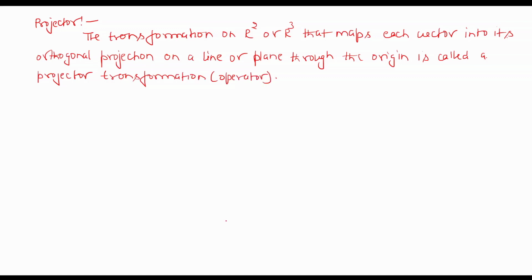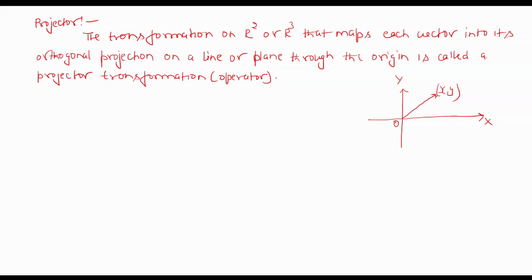For example, we have an xy plane, and suppose this is a vector (x, y) in R square. What should be its projection on the x-axis?